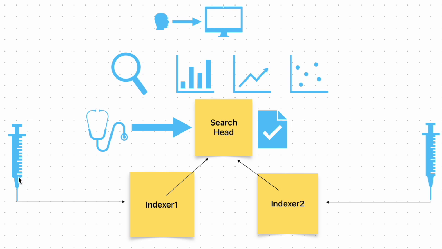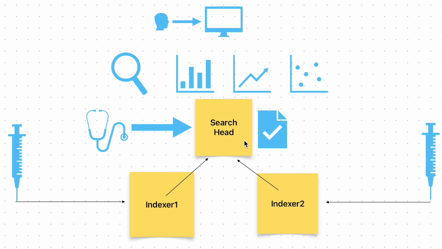On one indexer I can ingest Windows data, and on another I can ingest Linux data or any other kind of data. Also, these instances are by themselves full-stack Splunk.